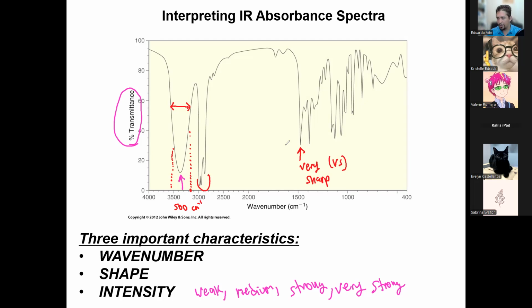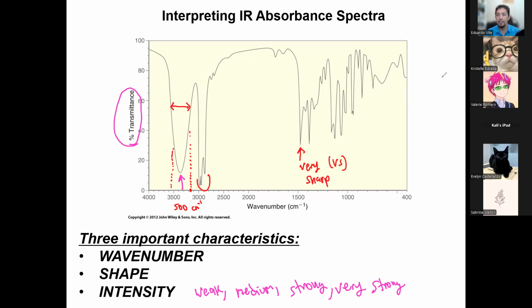So the question is, the sharp peaks on the right, are they strong? Well, they would only be strong if their transmittance was below 50. Most of these peaks, for example, this one that's very sharp, is at about 30. So that one I would say is kind of strong. That one I would say is strong. The ones around 900, 800, even though they are sharp peaks, are not strong because they are at 75% transmittance.